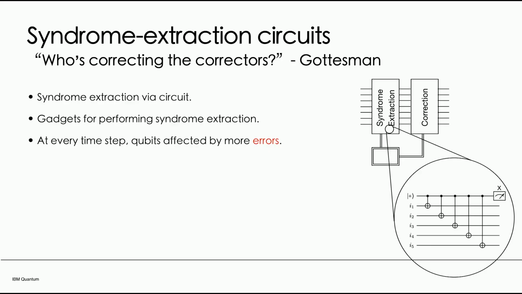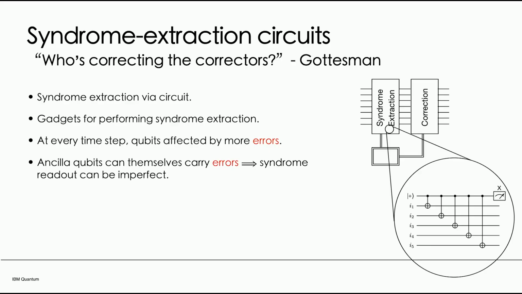And now we move on to more problems. We said the syndrome extraction, this projection operation, is happening via a circuit. For each of my stabilizer generators, for each of these plus and zero type, the vertex and face type operators, I have a little stabilizer generator. And in this circuit, I need to do stuff to get the eigenvalues.